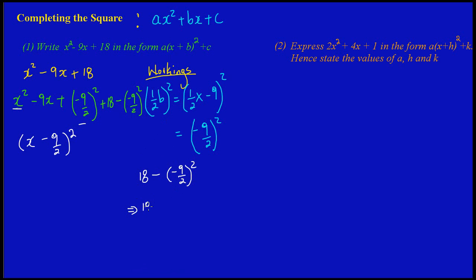I have 18 minus, and I'm going to square negative 9, and I'll get a positive, 9 nines, 81, and this would give me a 4. So I square 9 and I square 2, but remember this negative sign in front of the bracket, so this automatically is going to become negative.